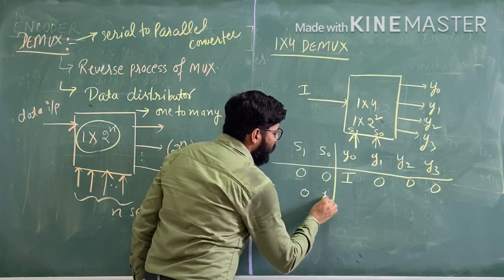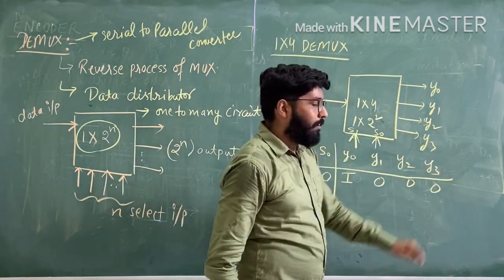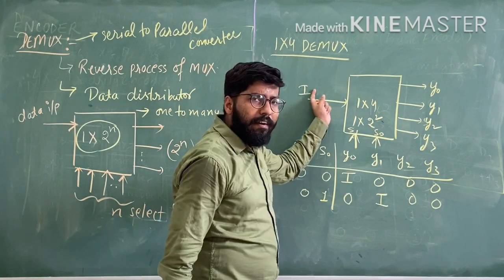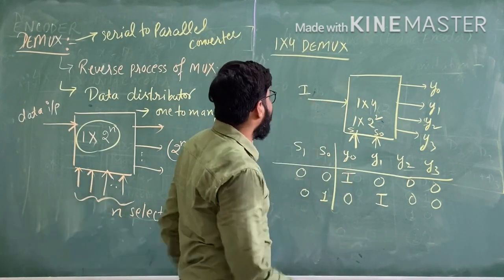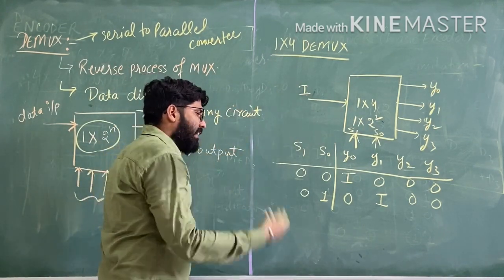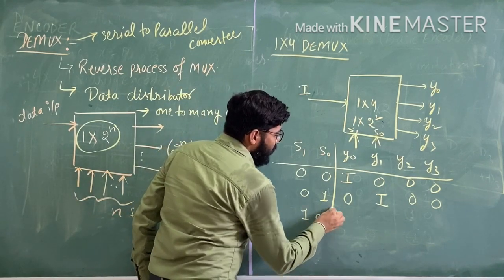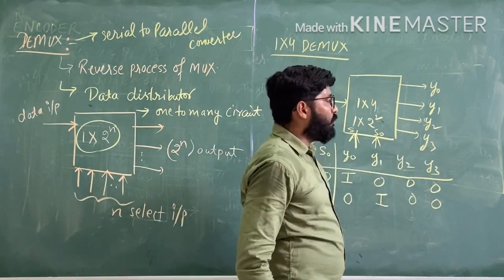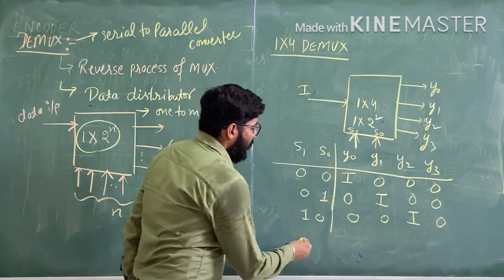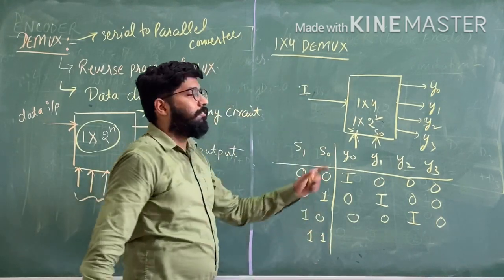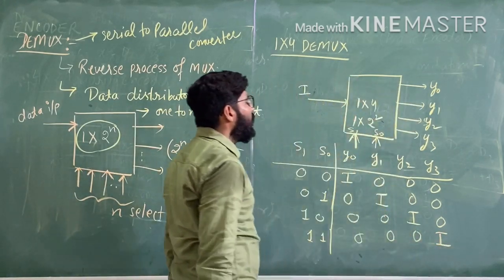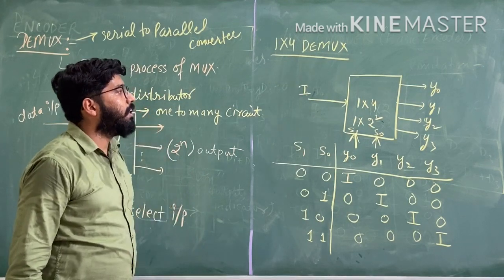If the combination is 0, 1, then I will come to y1, so y1 becomes I and the others become 0. If here we had written A, you would get A; it is not any special concept that we use I here, you can use A, B, C, anything. Now for 1, 0, you will get output y2, so y2 becomes I. If we have the combination 1, 1, we get y3, and the value of y3 becomes I. In this way, we get the output of the 1 cross 4 demux.